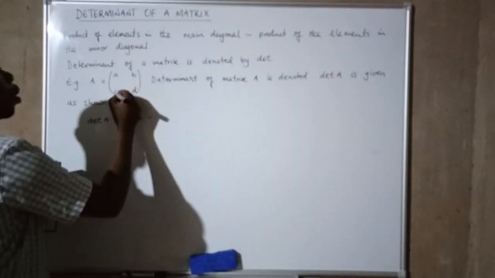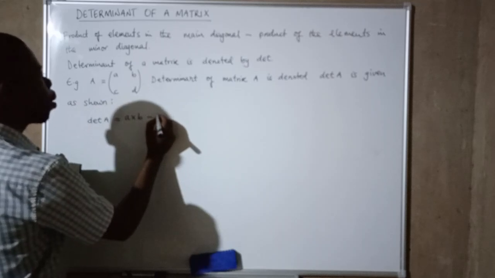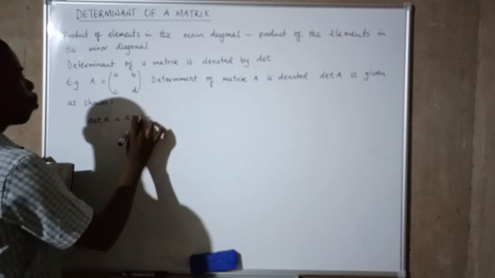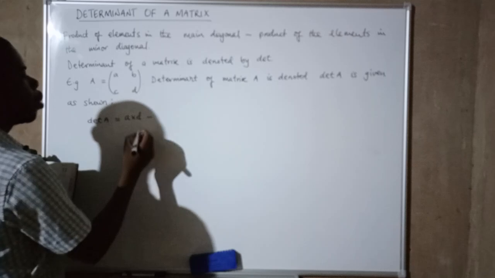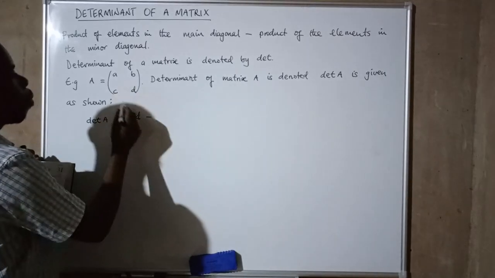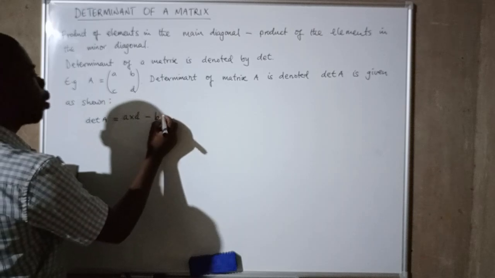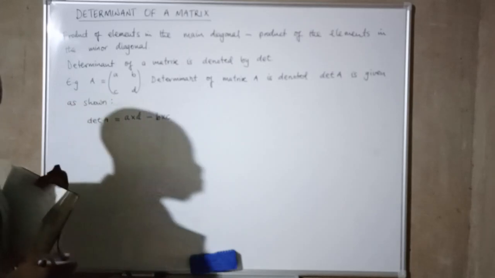So the elements in the minor diagonal are B and C, so B times C, like that.